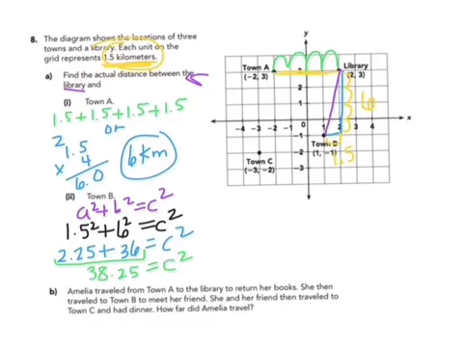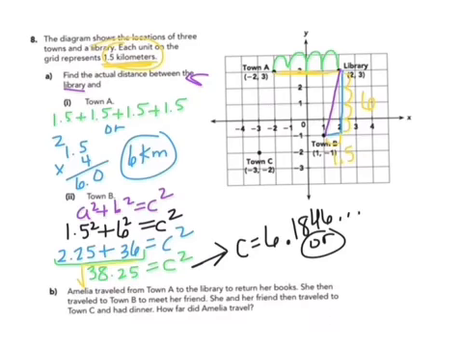That gives me 38.25, and then the square root of that gives me approximately 6.1846. It's an irrational number, so I'm going to round that to the nearest tenths. So that distance is approximately 6.2 kilometers.